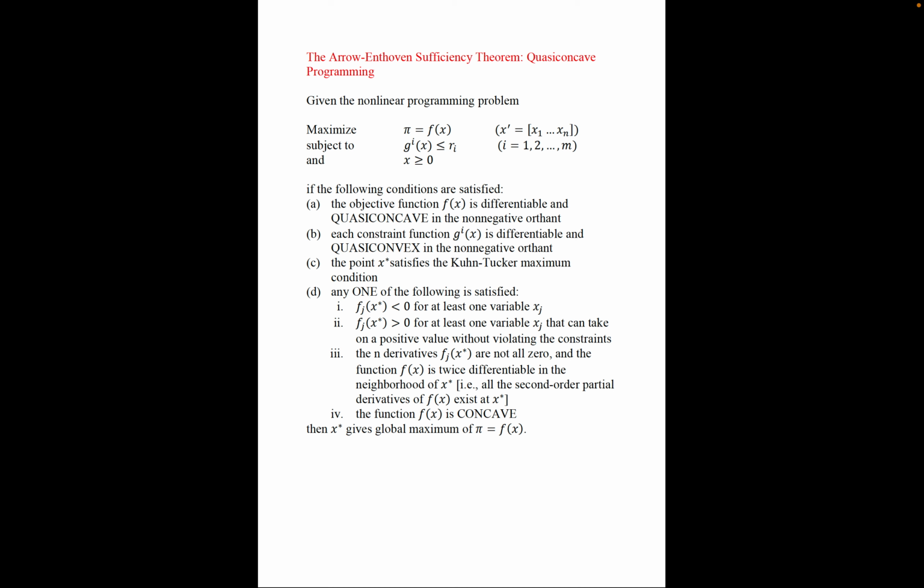Additionally, we get point D, where we have four alternatives, and only one of them needs to be true for the point that we found to be a maximum of the function.